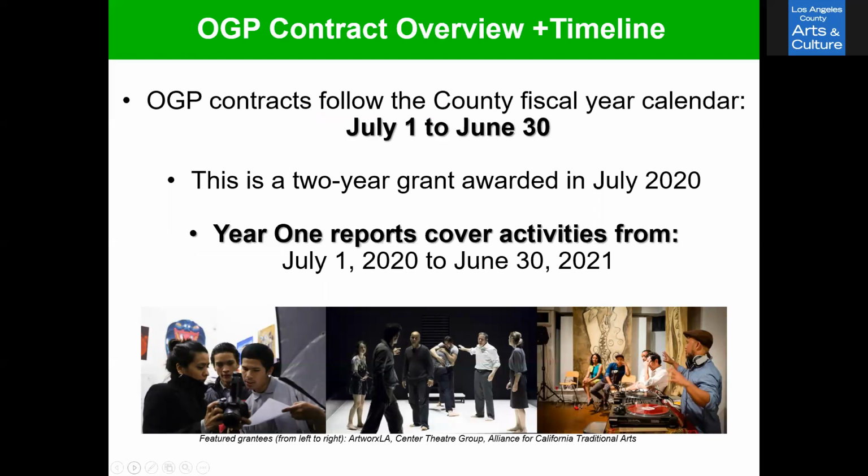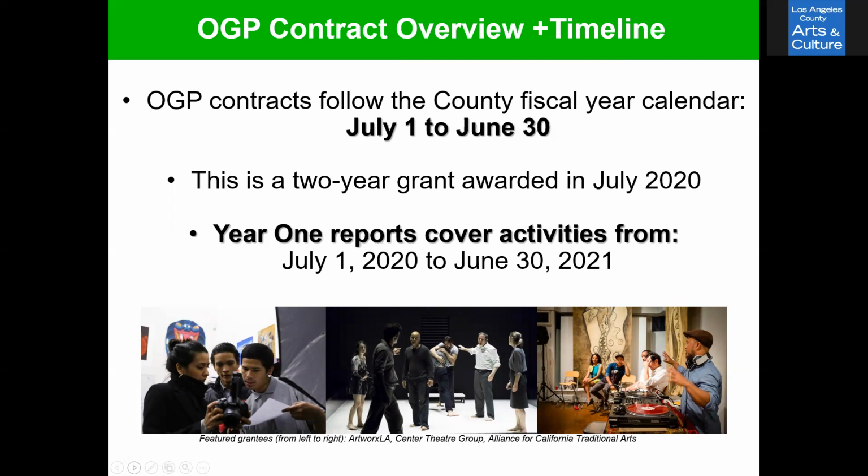In terms of grant overview, the grant timeline, as you know, is a 2-year grant starting July 1. The fiscal year goes by the county fiscal year, which is July 1 to June 30th. Year one was awarded July 2020.